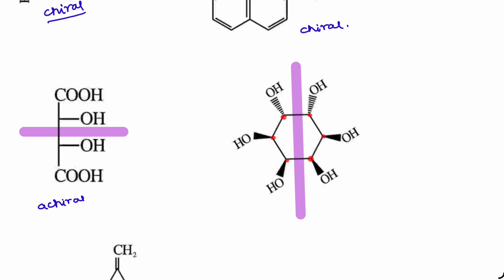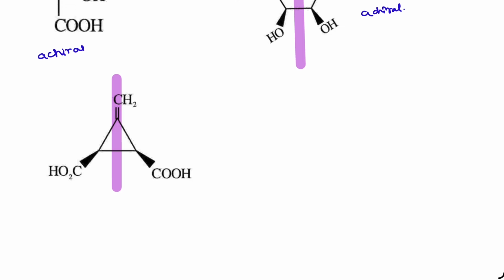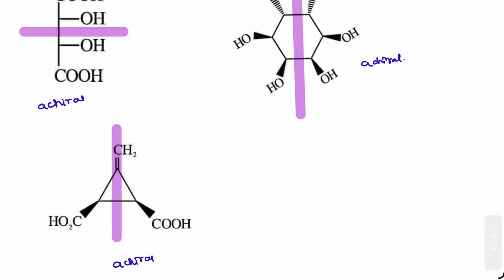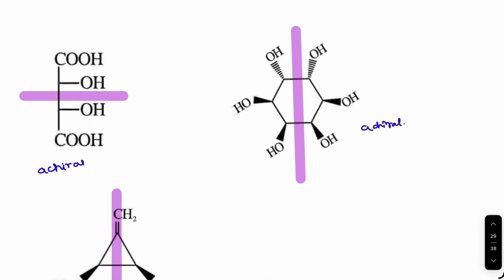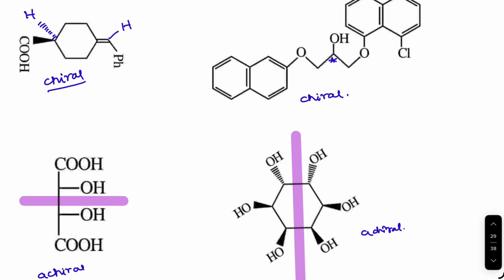It has a POS, therefore this molecule is also achiral. Even if you see the last example, it has plane of symmetry. Even though it has 2 chiral centers, due to the presence of plane of symmetry, this is meso form, I can say this is achiral. So he is asking the number of chiral compounds, so the answer must be 2, the first molecule and second molecule.